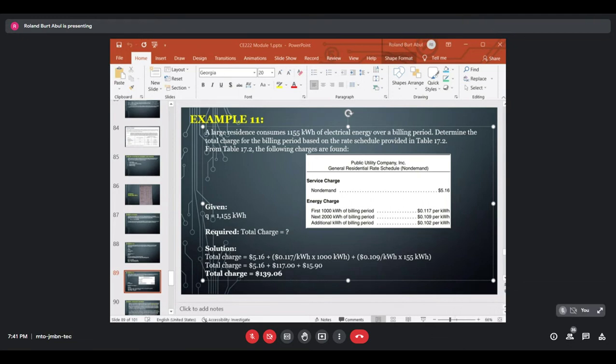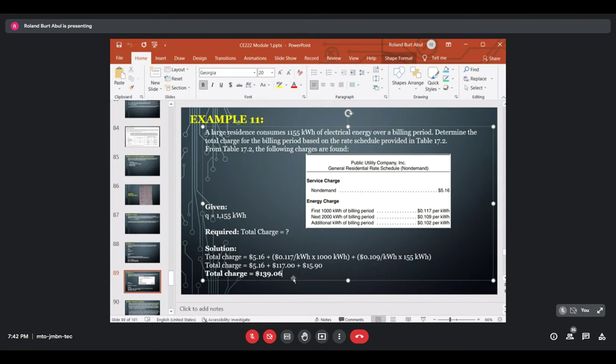So example number 11, a large residence consumes 1,155 kilowatt hours of electrical energy over a billing period. Determine the total charge for the billing period based on the rate schedule provided in table 17.2. Sa table 17.2, naa tay service charge and energy charge. Sa service charge, naa tay fixed non-demand charge of $5.16. Sa energy charge, naa tay tulo ka components.